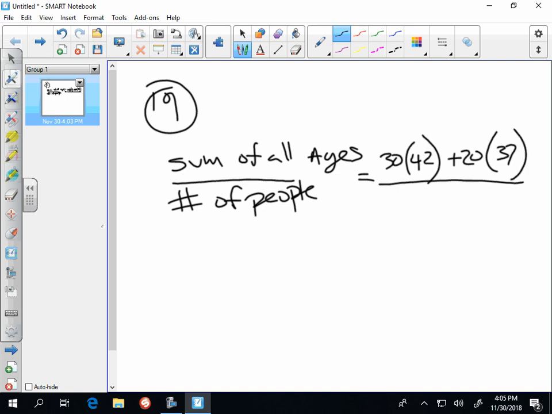And this will give me, up here in the top, the total of all the ages. On the bottom, how many people do we have? We have 50. Well, if I pull up my calculator and evaluate this expression, I get 40. The average age of the workforce is 40. That's number 19.